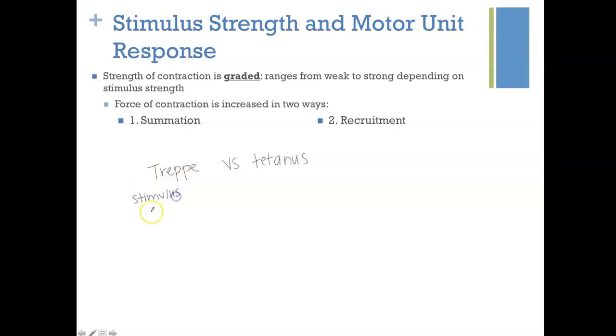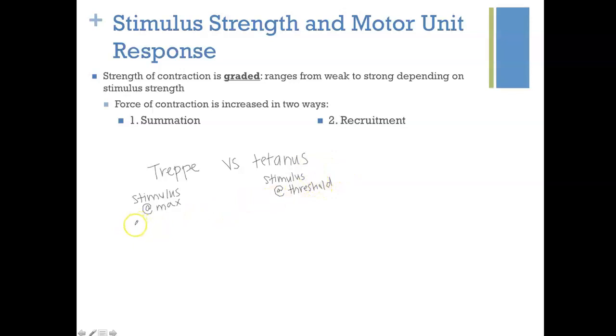Stimulus at max. So what that means is all of our motor units are activated, stimulated. Whereas with tetanus, our stimulus is just at threshold. And we're just using one motor unit with this.